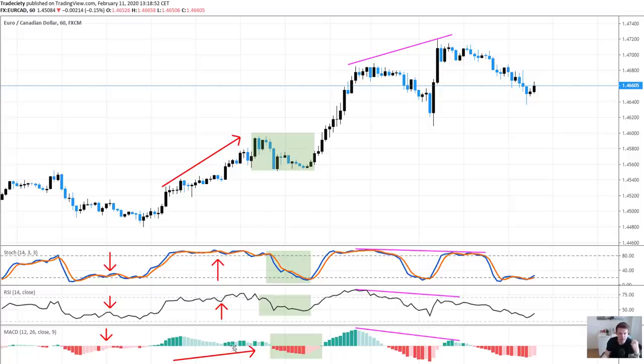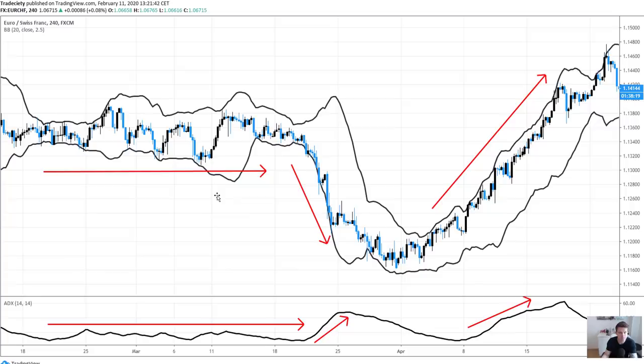If you have indicators that show you exactly the same things, you are mostly not paying attention to other things and you're putting way too much importance on certain indicator signals, and then you make the wrong conclusions, and then obviously your trading results are not where they should be.